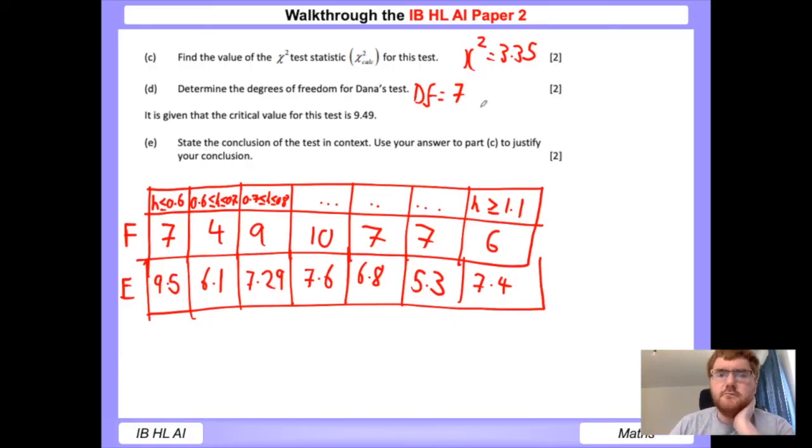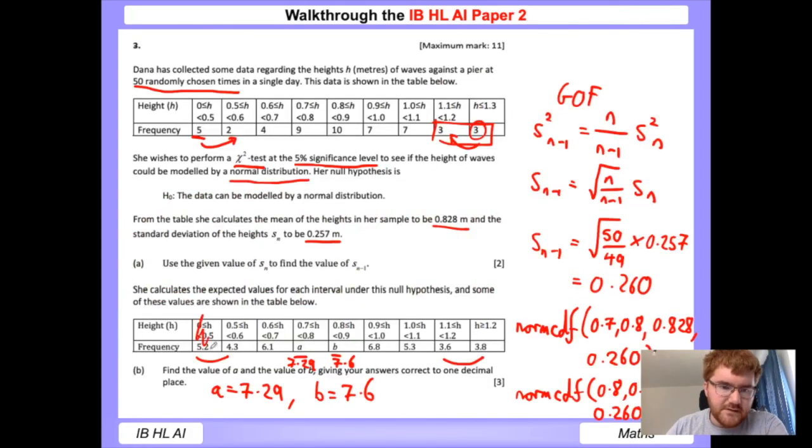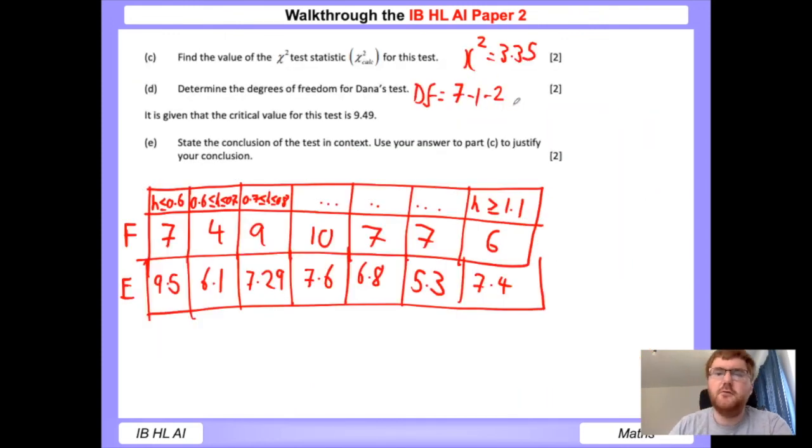Yeah, so 7 normally, we minus 1 because of the row, and then we minus an extra 2 because I removed this one here and this one here, merged it, so actually our degrees of freedom will be equal to 4. You kind of needed that to work out the chi-square statistic and working that way round. So now we've got C and D correct.